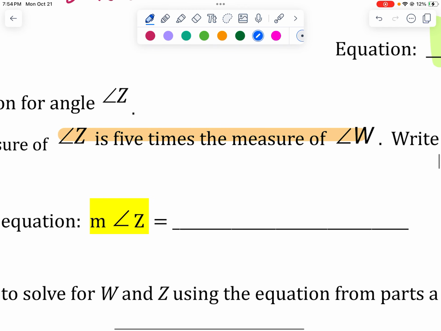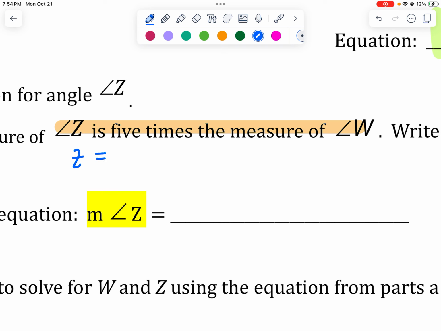So I can say Z is equal to, it says 5, so I'm literally going to write it as I say it, 5 times the measure of W, right? We don't know what W is yet. That's what we're trying to find. So I could just say Z is equal to 5 times W, or I could say 5W. It means the same exact thing. Okay, so there's my second equation.